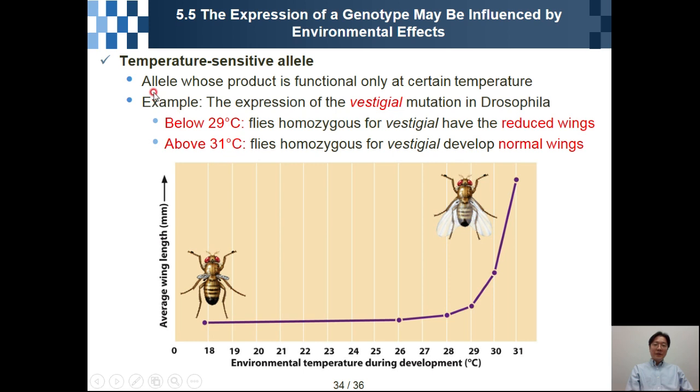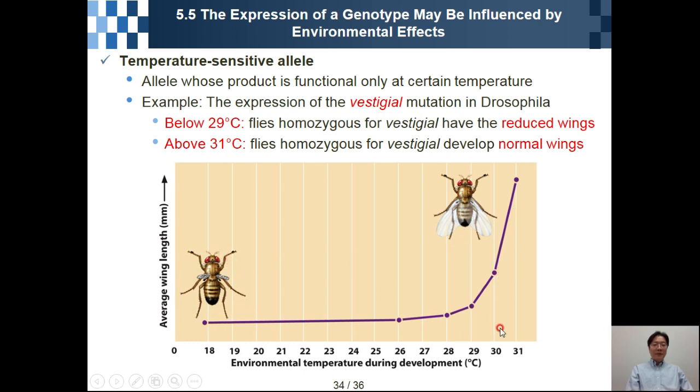Because the product of the vestigial allele is only functional below 29, in these cases they make the reduced wing.